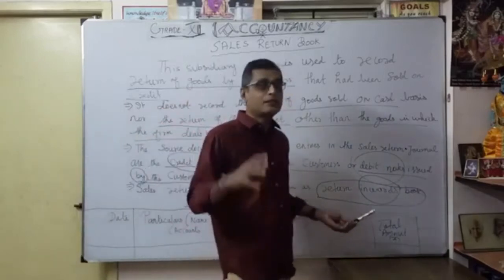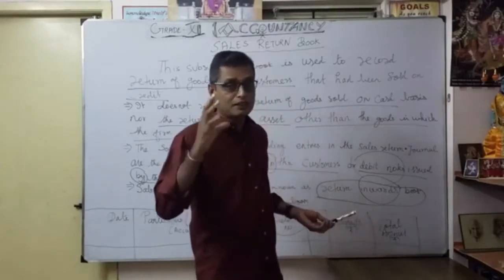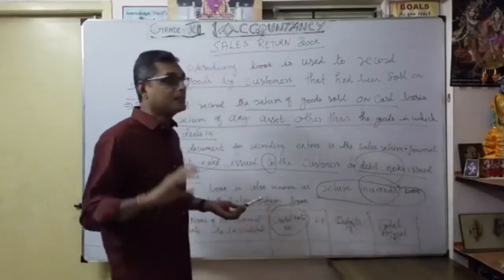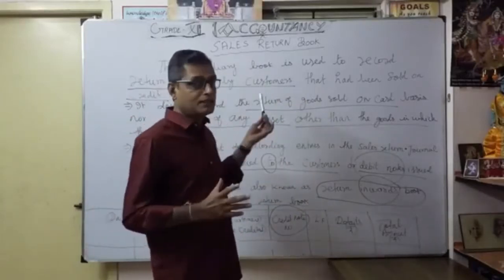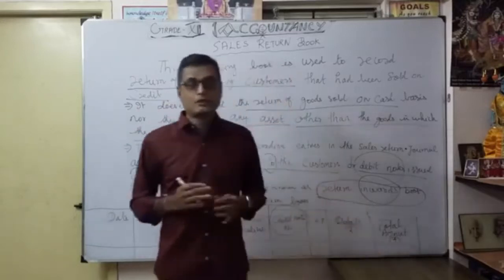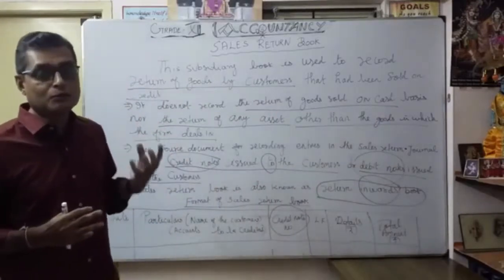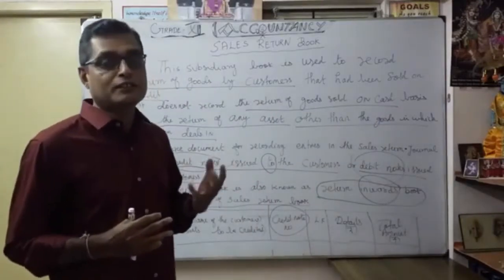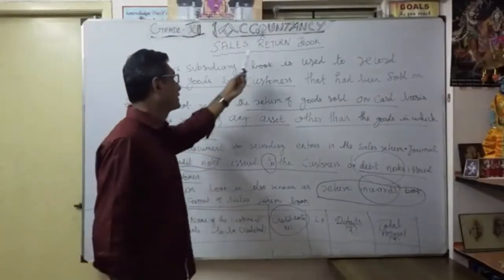As details you can explain any discount you considered earlier, that you are going to deduct, as you did in the purchase return book. In the same manner in the sales return book also. If you understood the purchase return book, the sales return book is very easy. Then the total amount, outer column. So our sales return book basics are going to record only the credit sales. Anything returned by the customer, we record under the sales return book.